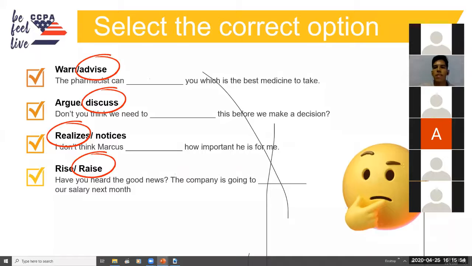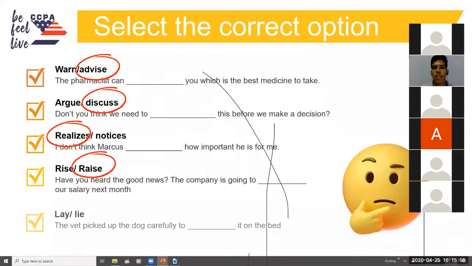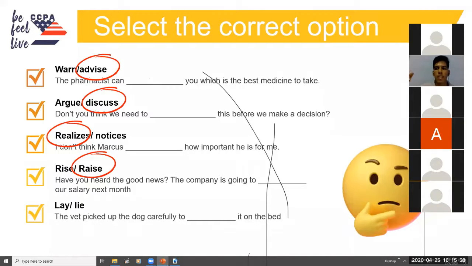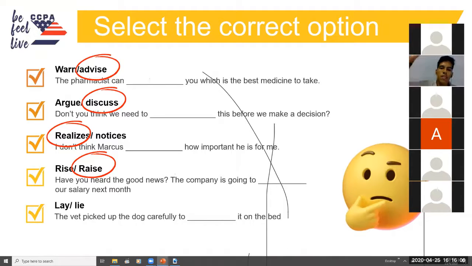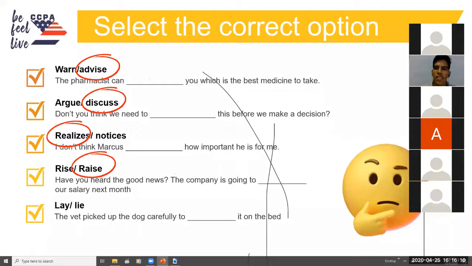So we say the company is going to raise our salary. Remember, when somebody else does it, it is raise. And when something or somebody does it itself, it is rise. Thank you, Rolo, for participating.